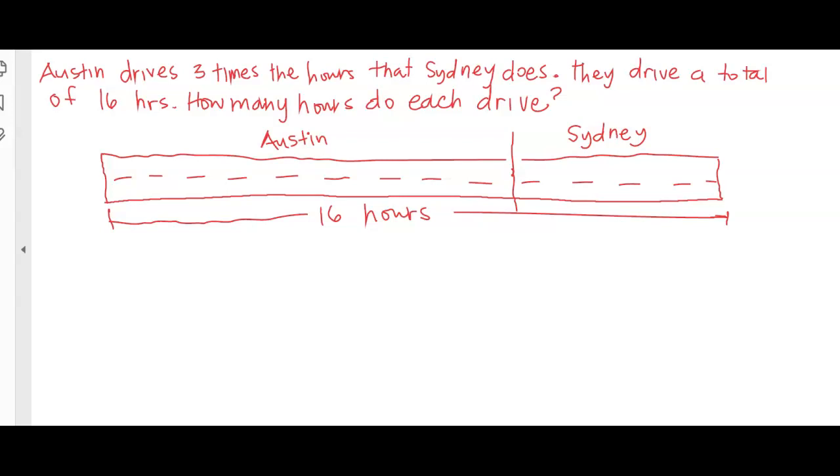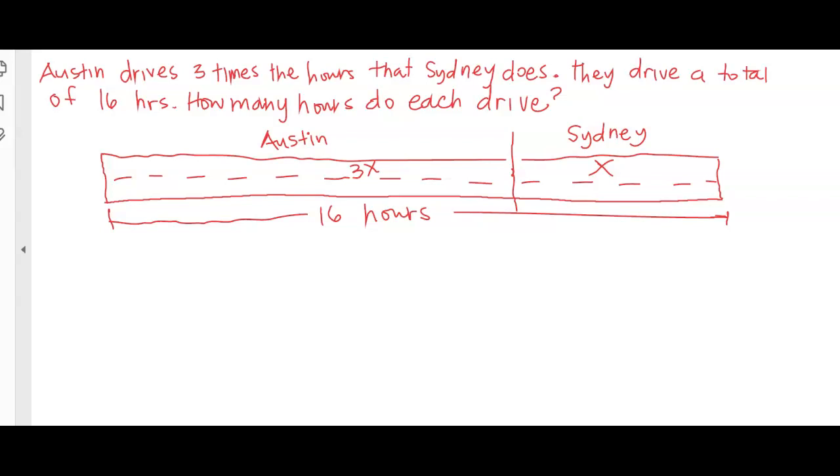The only relationship I know is that Austin drives 3 times the number of hours that Sydney does. This is my little road, if you can't tell. I'm going to call this length of the road x, because I don't know how far Sydney drives, but whatever she drives, Austin is driving 3 times that amount, or 3x.